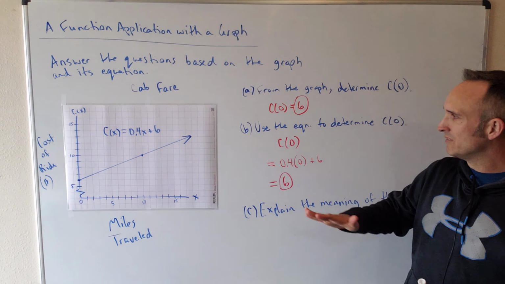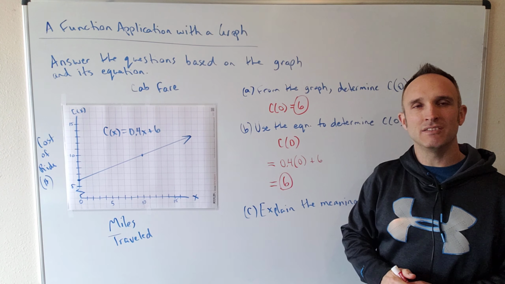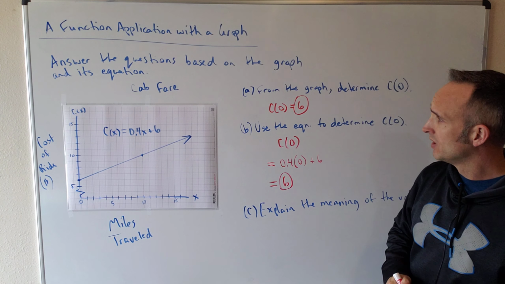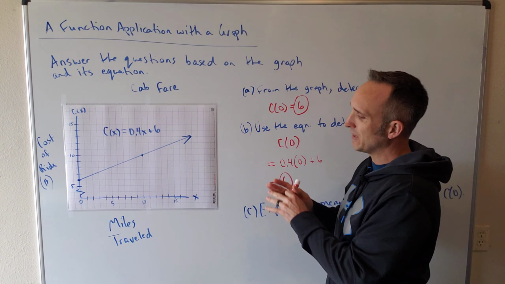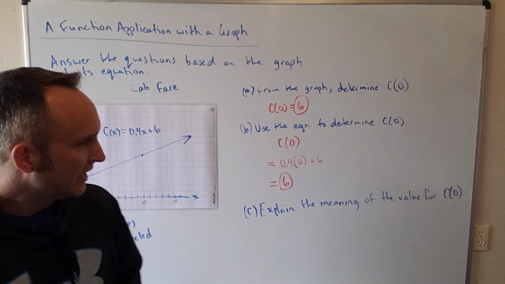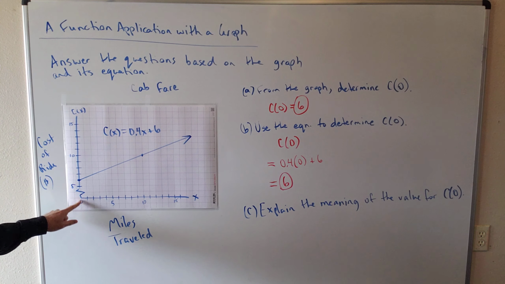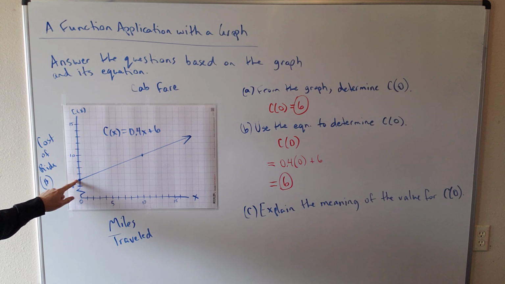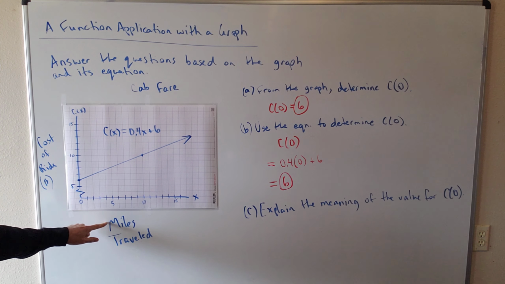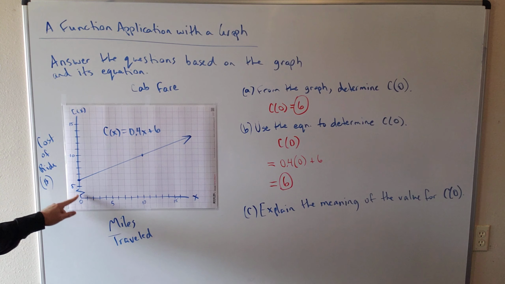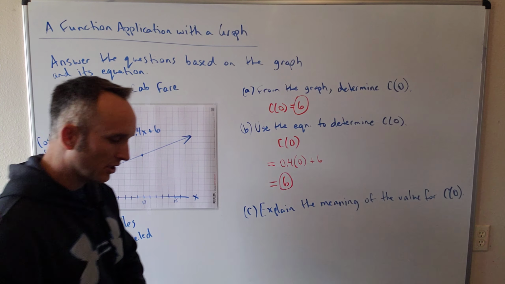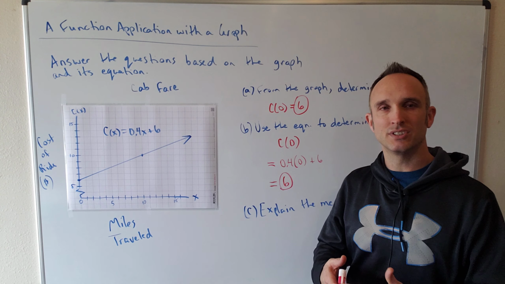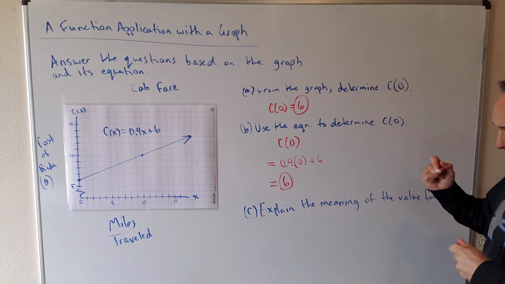Well, C of 0, we know from parts A and B, C of 0 equals 6 for sure. And the graph gives us context here. It's saying that when x is 0, C of x is 6. When the miles traveled, because that's x, is 0, the cost is $6. Okay? So when we travel 0 miles, the cost is $6.